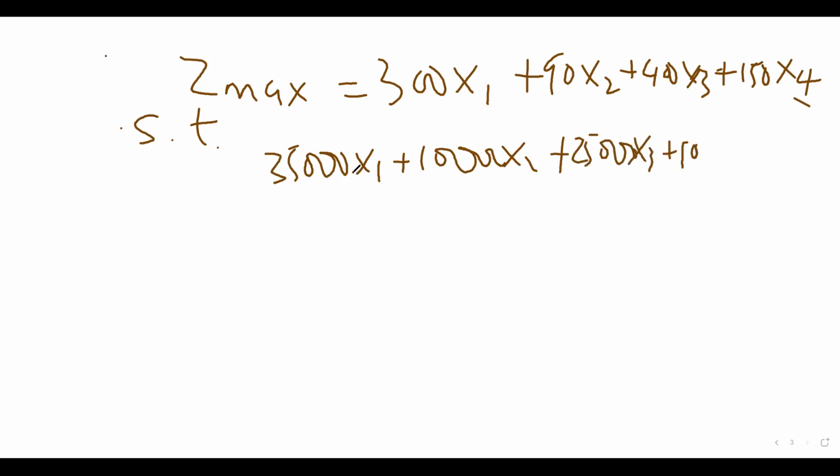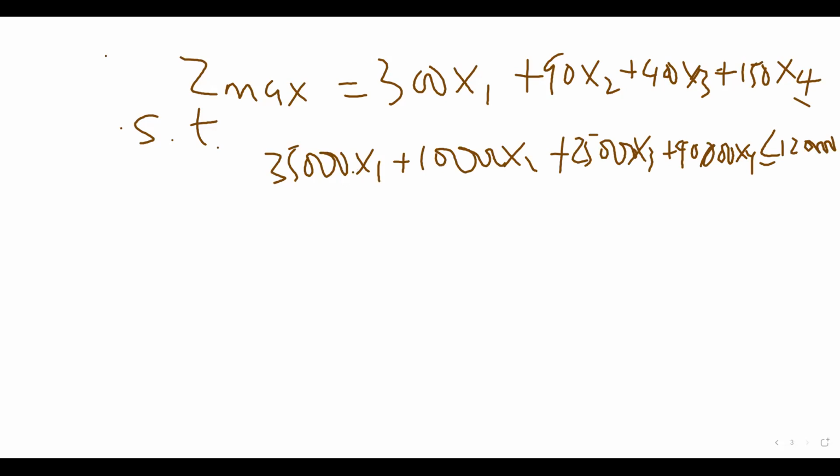And then 90,000 x4. Less or equal to, you can remember, is 120,000. That was the budget available, $120,000. And then, of course, the acres of land was 12. The total acres of land.